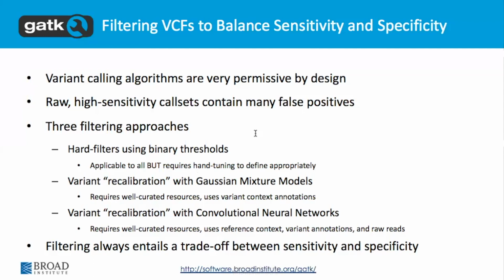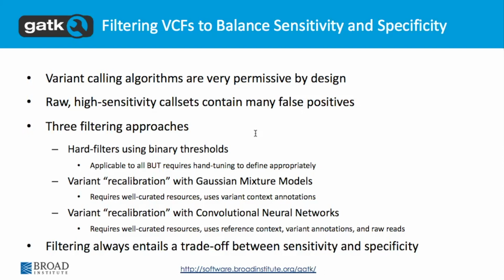So there's a few approaches we can take. We'd like to get rid of potential false positives, and we have access to information such as annotations of those variants. If, for example, we see that a variant is some kind of outlier with respect to those annotations, we might filter it out based on that.